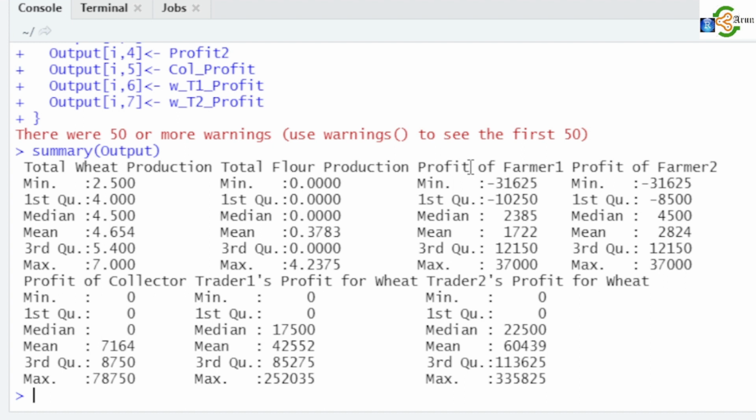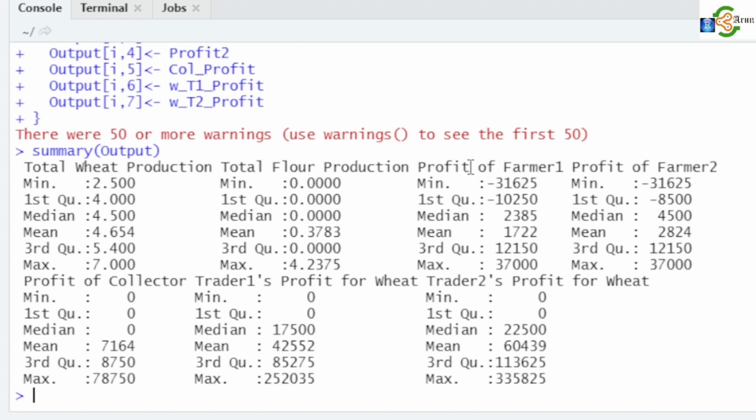But what about the mean? The mean or average of farmer one's profit is 1,722 rupees. It's a very small amount. But why I am doing this simulation is that very often, people get deviated from the maximum values. Someone might say that if you do the wheat business, you can earn 37,000 rupees profit.